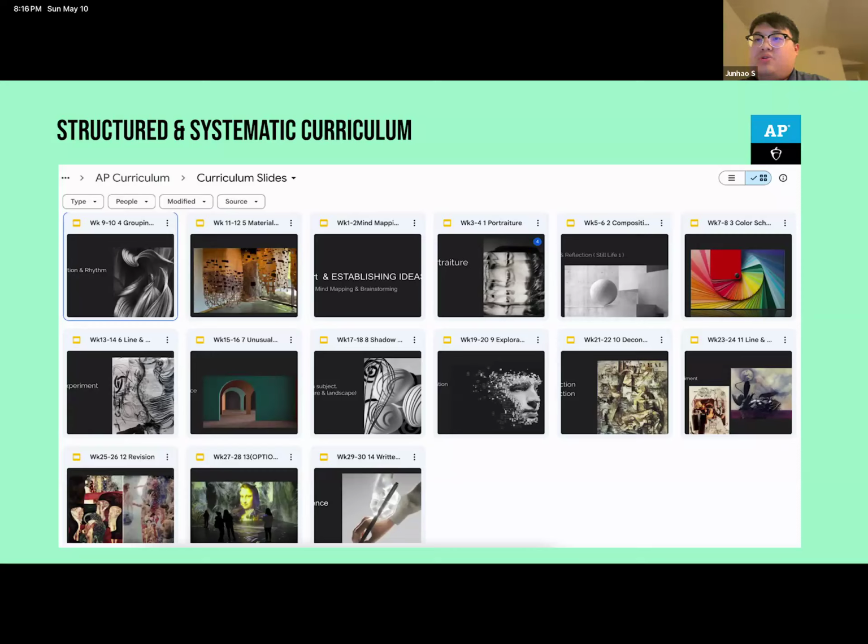Based on our development, we give more than 12 inspirational prompts across multiple aspects to not only inspire students for their AP portfolio, but also to broaden their horizons and visual art insights. This is also very beneficial for their future art practices.